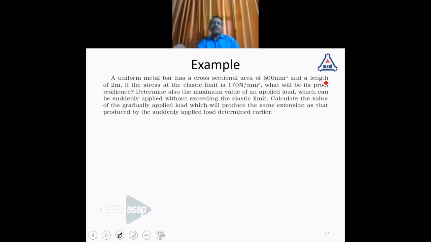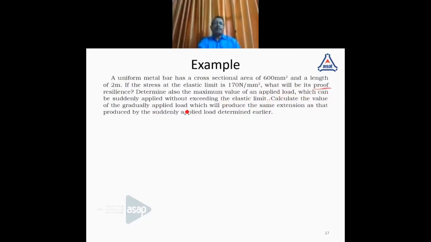Here the cross-sectional area is given as 600 millimeters square and a length of 2 meters. If the stress at the elastic limit is 170 Newton per millimeter square, what will be its proof resilience? Proof resilience, you can take it as resilience. Determine also the maximum value of an applied load which can be suddenly applied without exceeding the elastic limit.